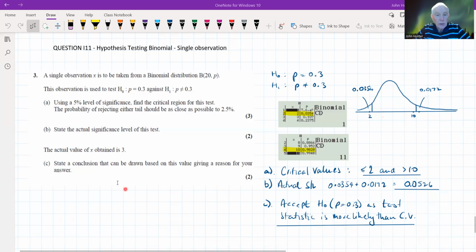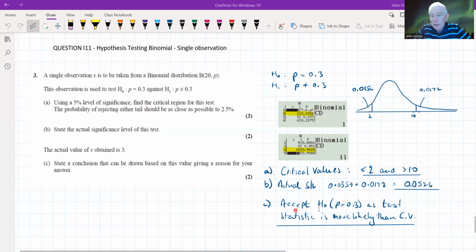Okay, we go ahead and do our test. We observe a value of 3. And of course, 3 doesn't sit in our critical regions. So we conclude there's not enough evidence on this test to disprove, within reasonable probability, that our parameter p equals 0.3 is incorrect.